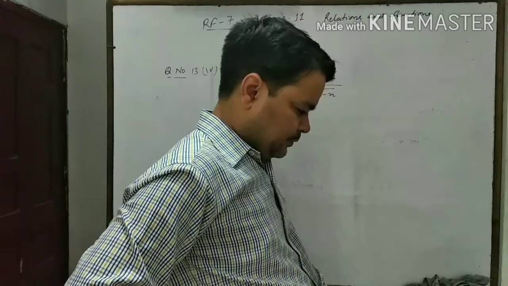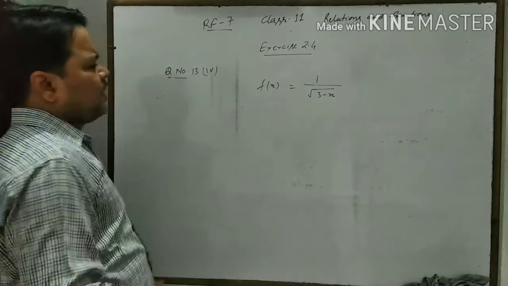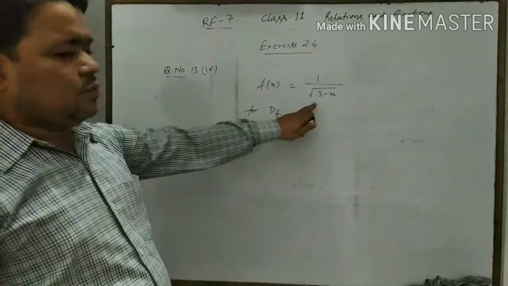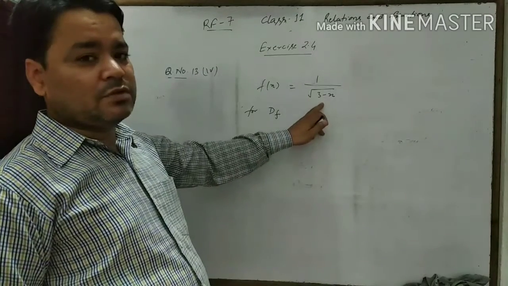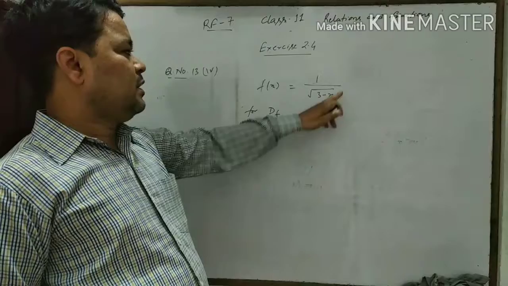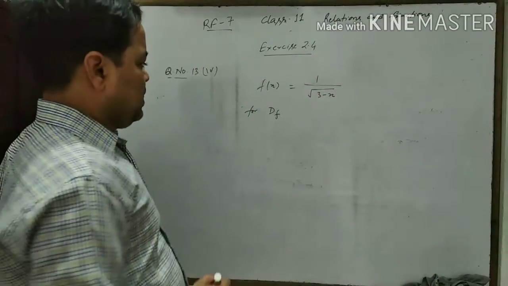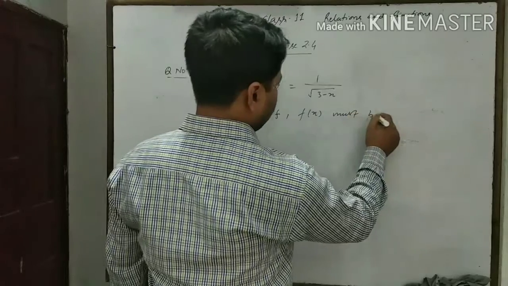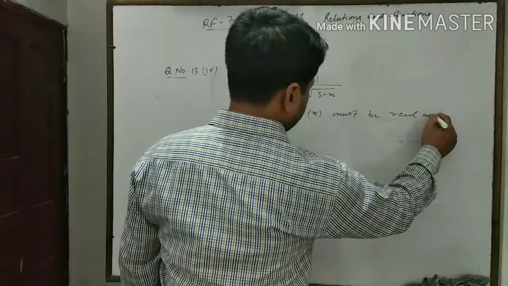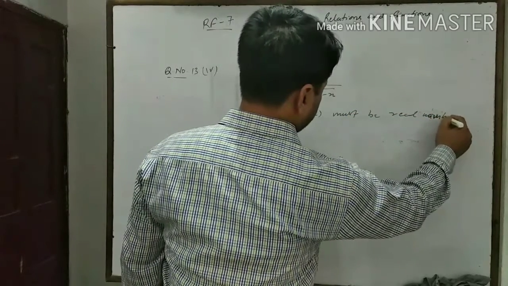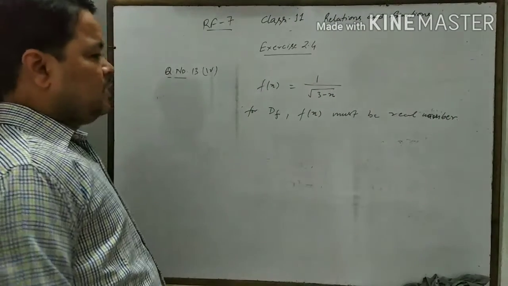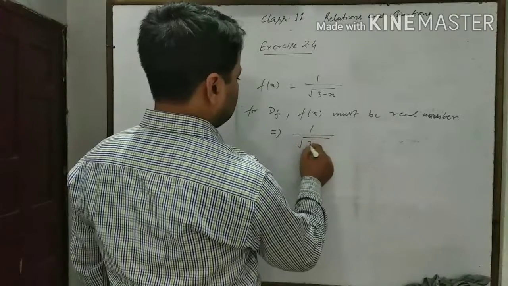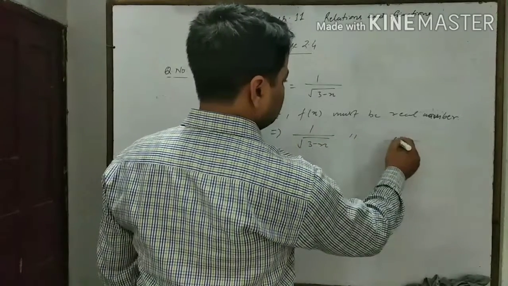Okay. For domain of the function, here under root. We should be careful regarding this type of situation. For domain of the function, f(x) must be a real number, and this implies that 1 upon under root 3 minus x must be a real number.